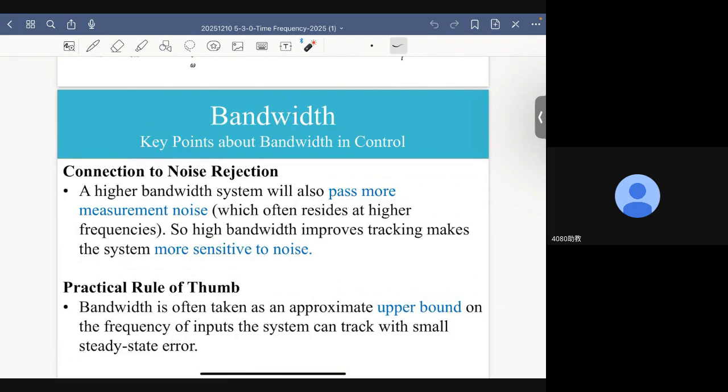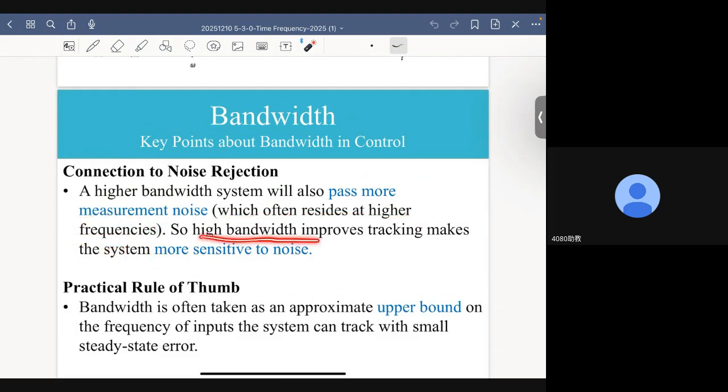That is the connection between bandwidth and noise rejection. A higher bandwidth system will also pass more measurement noise, which often resides at high frequencies.